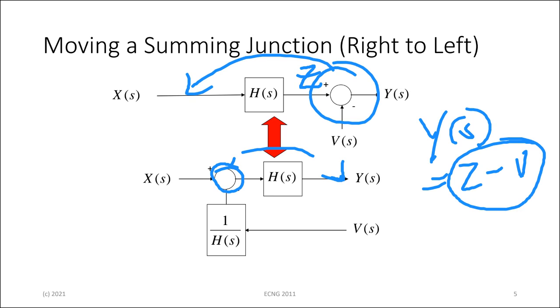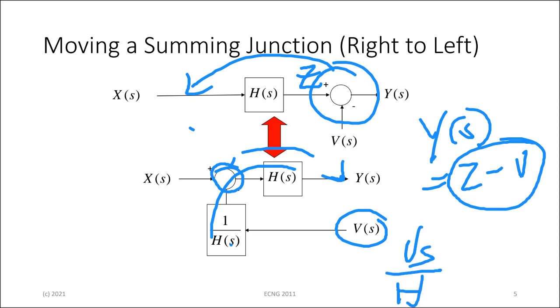So to do that, if I move this before the block, I have to multiply Vs by 1 over H, so that when it goes back through H again, Vs over H multiplied by H gives me back the V. So I'm back to the Z minus V again.